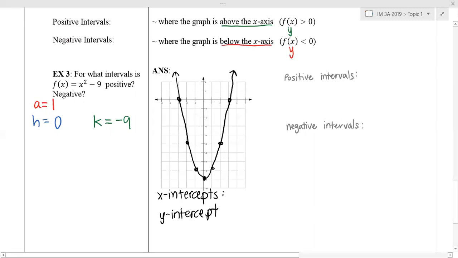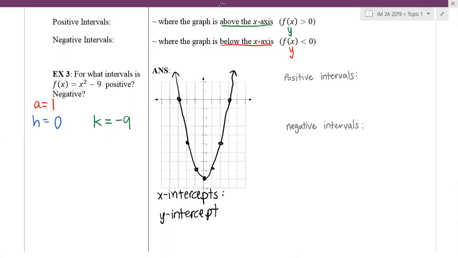Okay, so when we're strictly referring to y is positive, y is negative, we're always going to answer these questions using the domain values. So we have the graph of x squared minus 9. So that's a parabola that has a vertex at (0, -9). And so looking at our graph, the x-intercepts are where the graph crosses the x-axis.